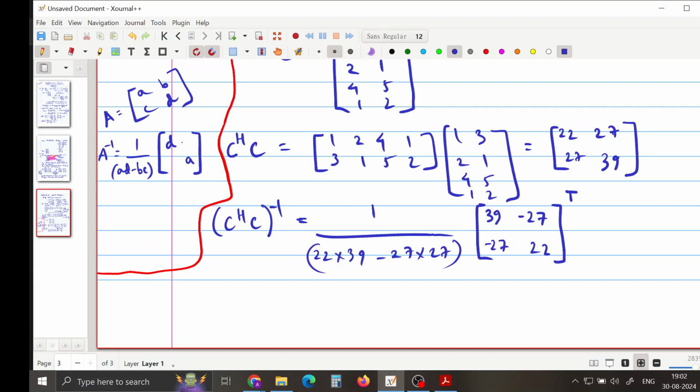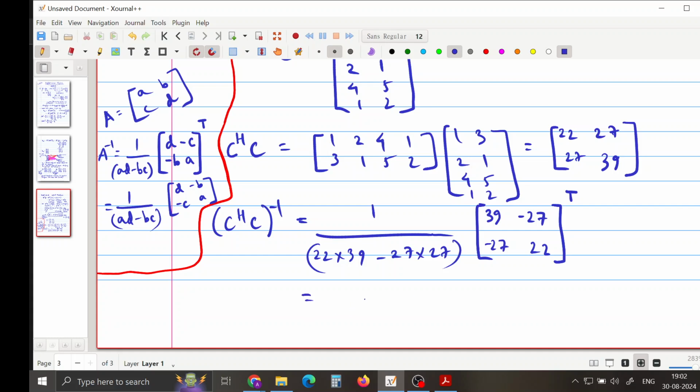Initially there was B, now it becomes C, but with a negative sign. Similarly here it was C, but you replace C by its diagonal counterpart, which is minus B, but remember this negative sign. Finally you take the transpose, so this is 1 by AD minus BC, times D, minus C, minus B, A. This is simple, and this is exactly what we are doing here.